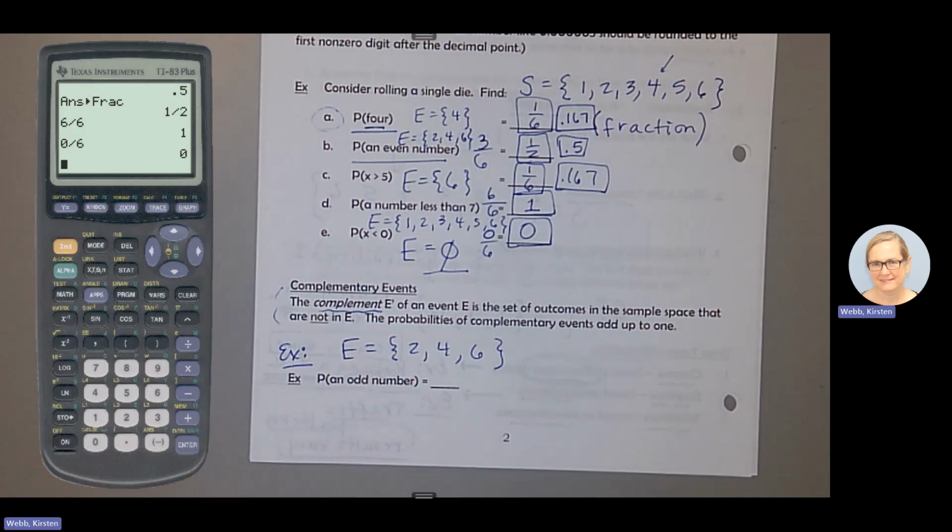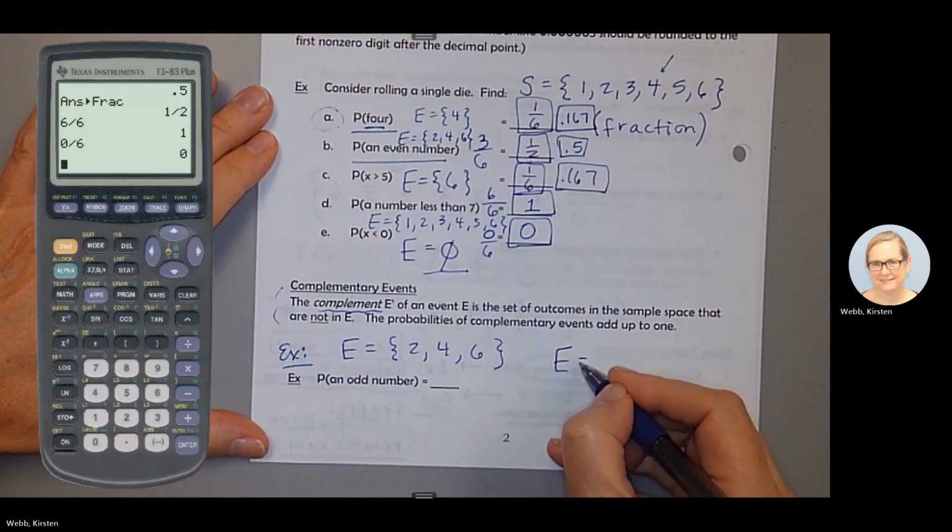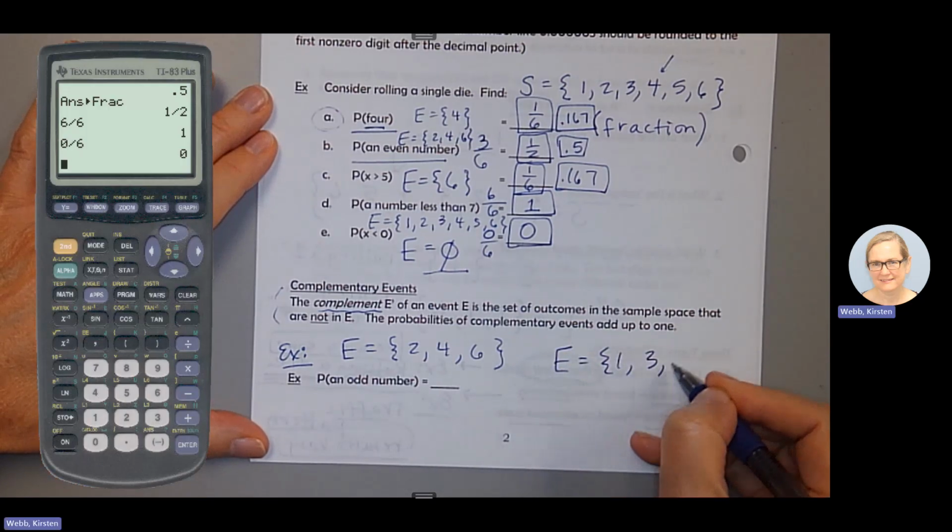And then as an example, let's start with the event of all even numbers. All the even numbers you can roll. So if 2, 4, and 6 are in the original event E, what would that leave to be in the complement of E? 1, 3, and 5, yeah.